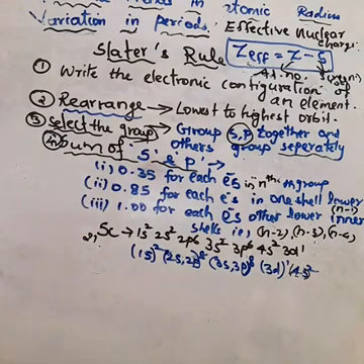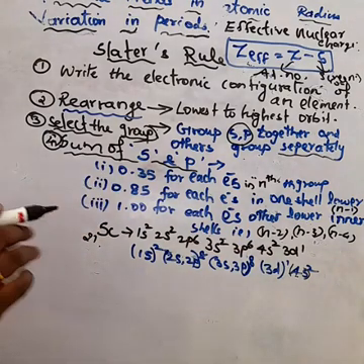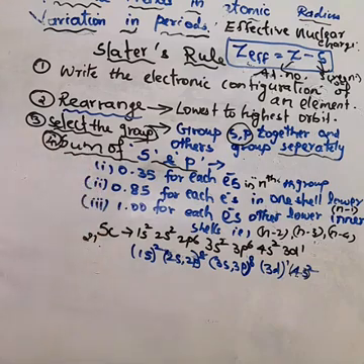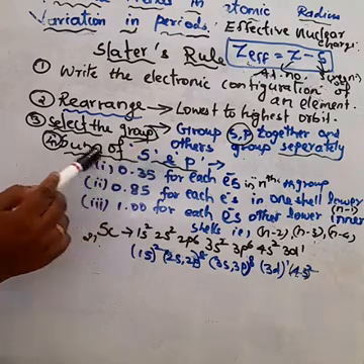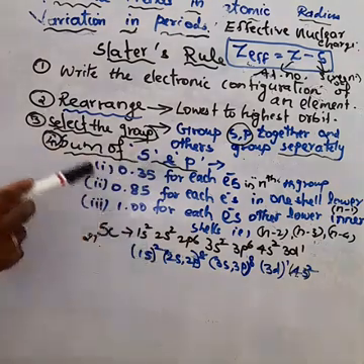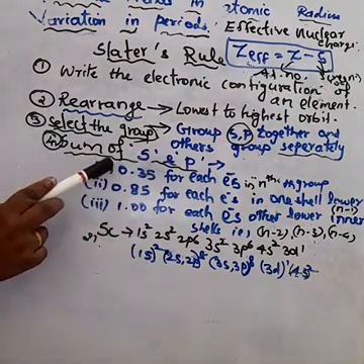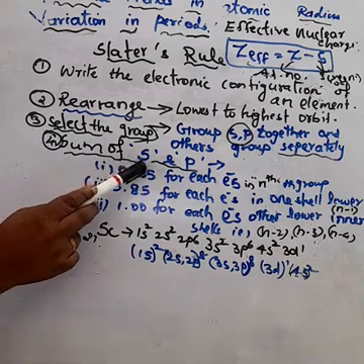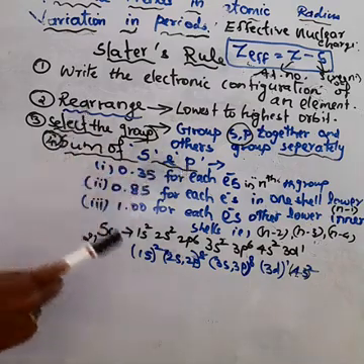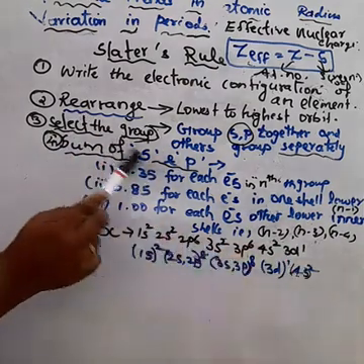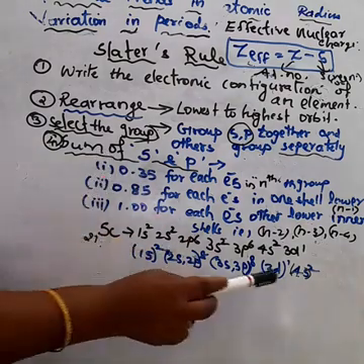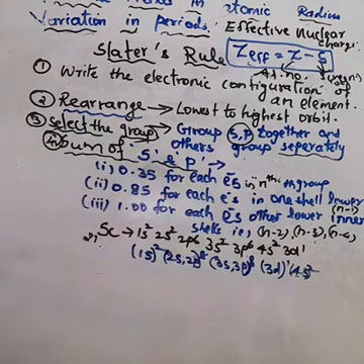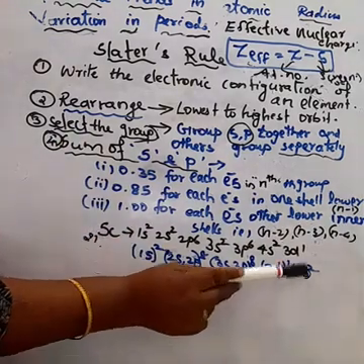So here, suppose I am calculating the S and P orbital, there are certain rules. First I am going to calculate the 4s electron in a scandium atom.